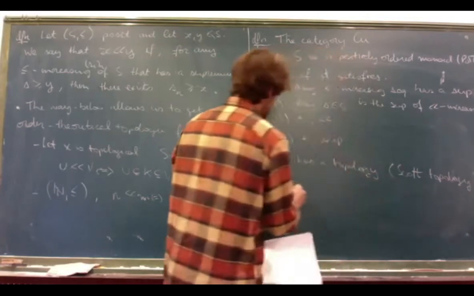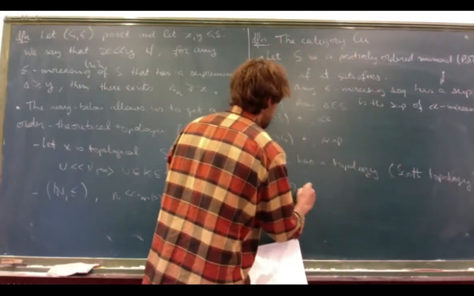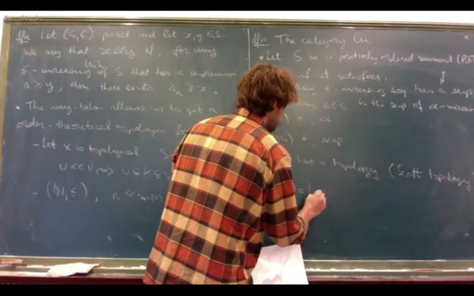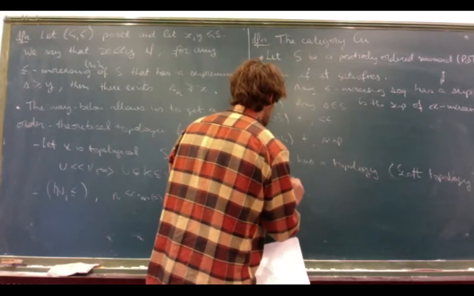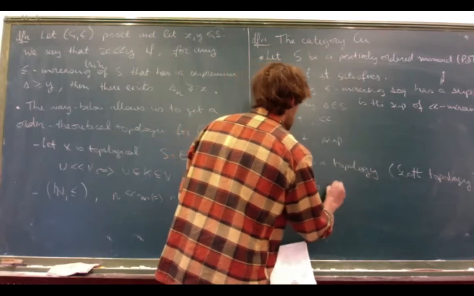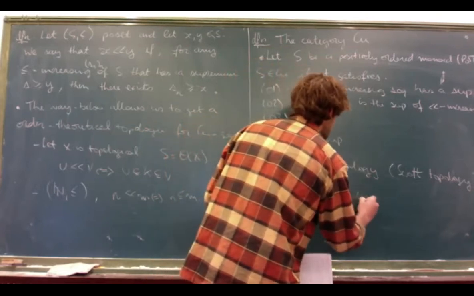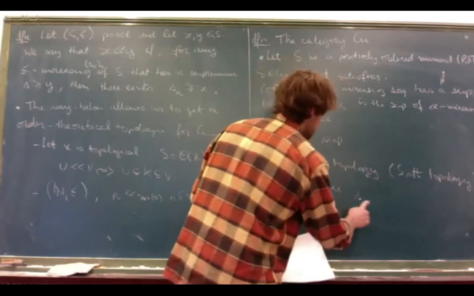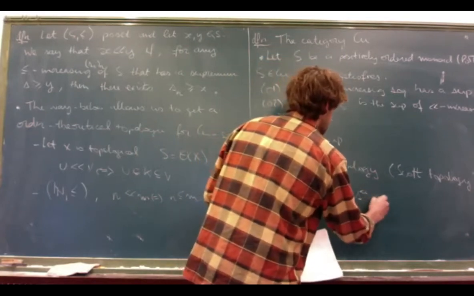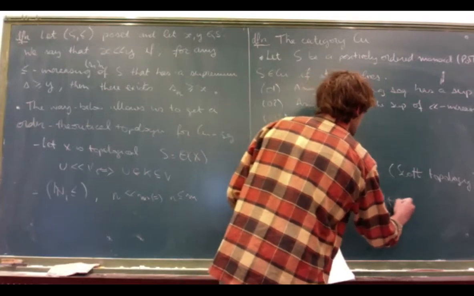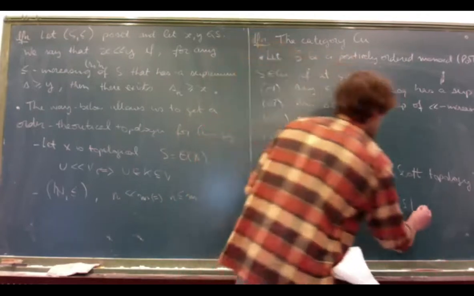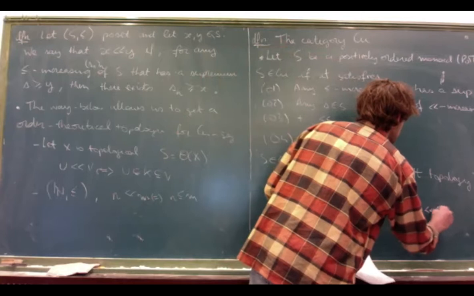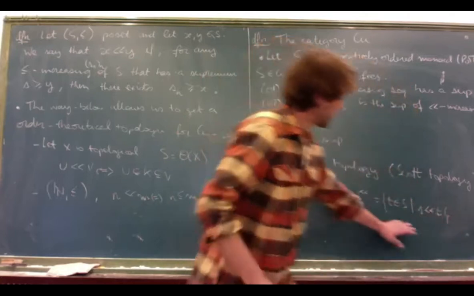The open sets are, if I take an element S, I can write this way, meaning all the elements of my CU semigroup that are way above the element S, meaning S is way below all of those.